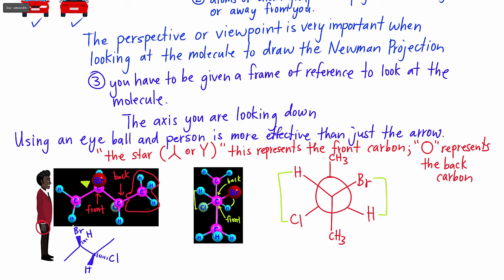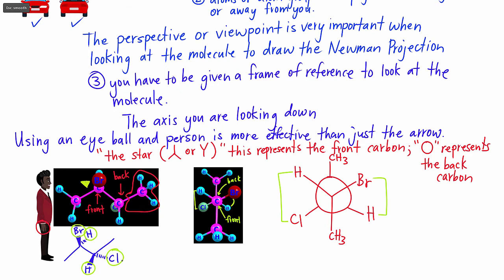The Br should be projected in the same direction that the hydrogen is on the second carbon. They should both be projected on the same side, which is coming towards you. And this hydrogen on the front carbon and chlorine on the back carbon should be projected on the same side. And we see that this is true from our Newman projection.